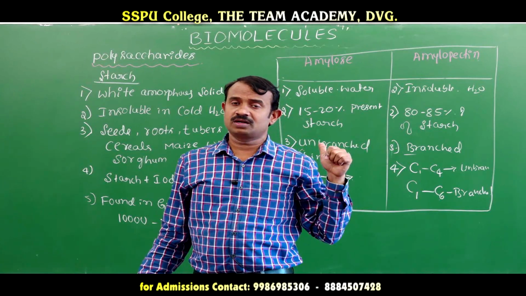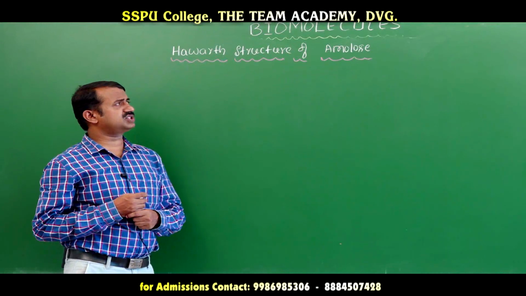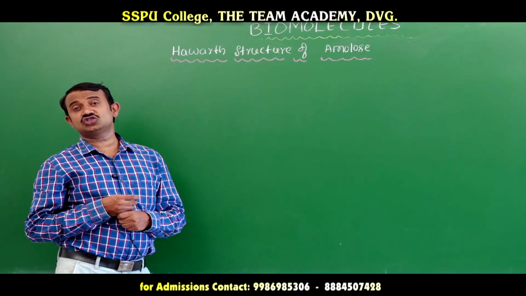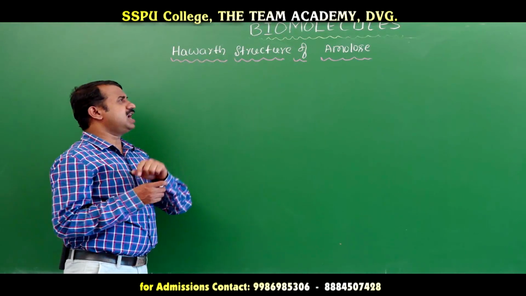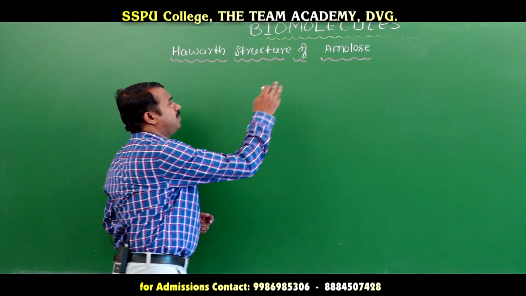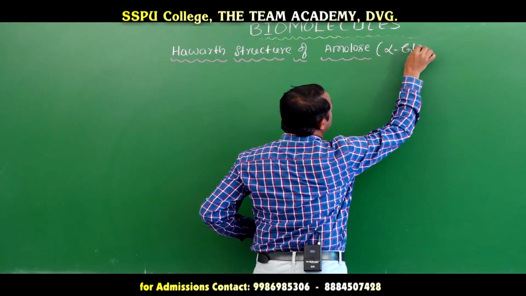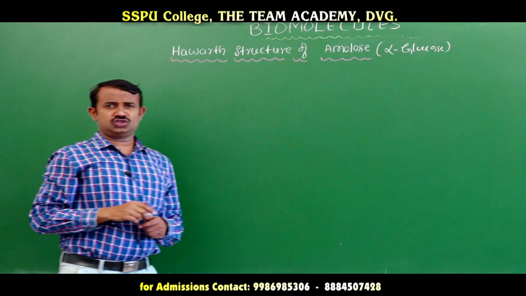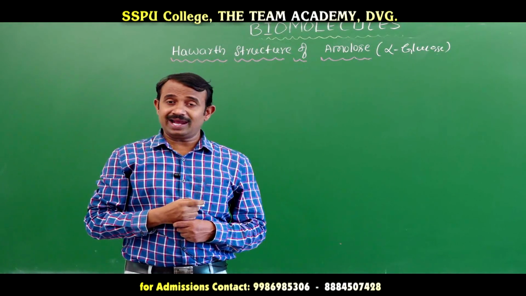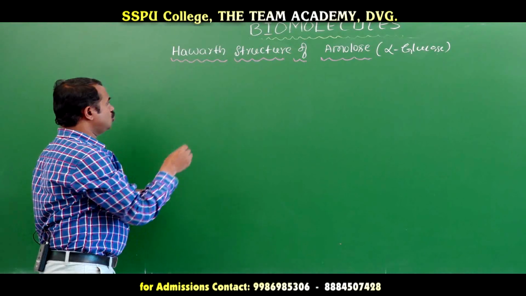We will go for the structure of amylose and amylopectin. What is the monomer of amylose? The monomer is alpha glucose. You know the structure of alpha glucose well.